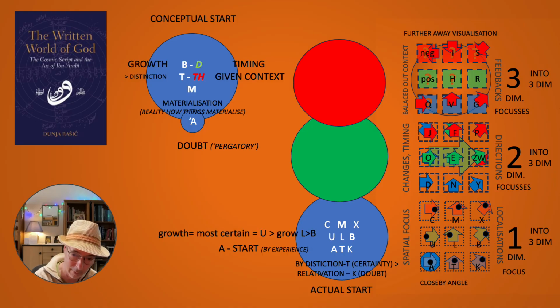But first, our Western system. So we give it a go in A, we make a distinction in T, we doubt again in K.